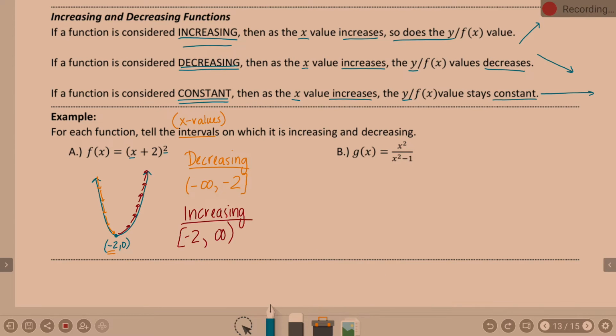Well, what do you know about B? Is it a parabola? You know what the graph looks like? No, so what should we do? Graph it. Let's graph it.